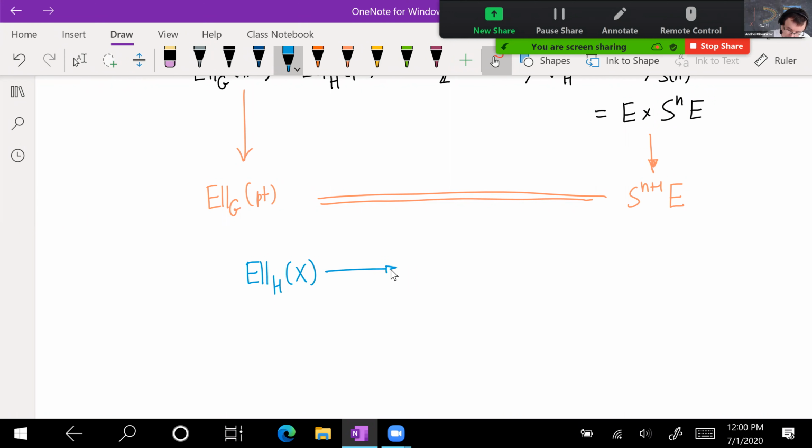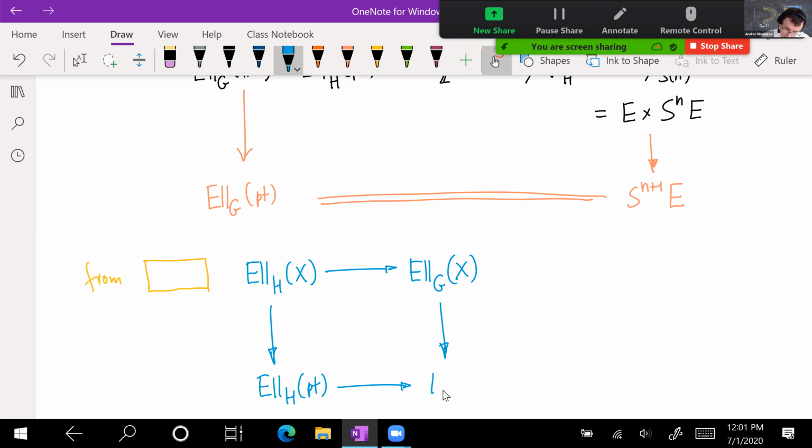So from this yellow square we then conclude that this is L_G of X going to L_H of a point, and L_G of a point. And so this is the diagram of a pullback.